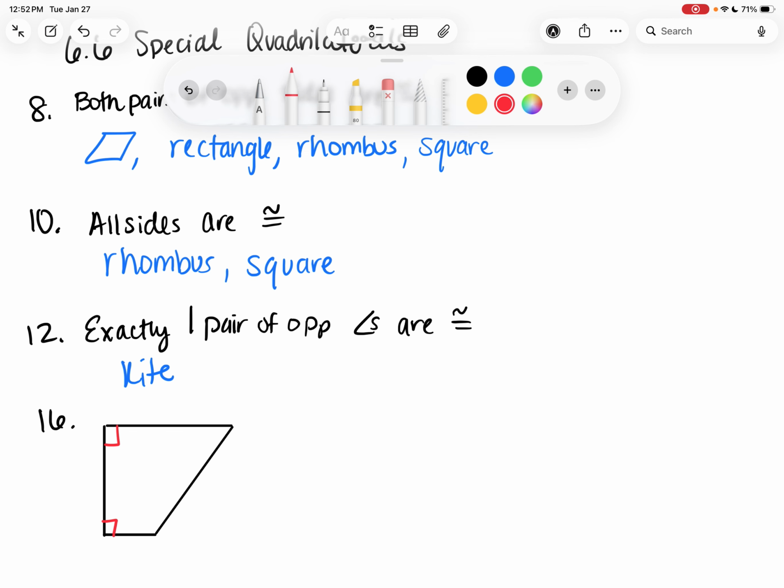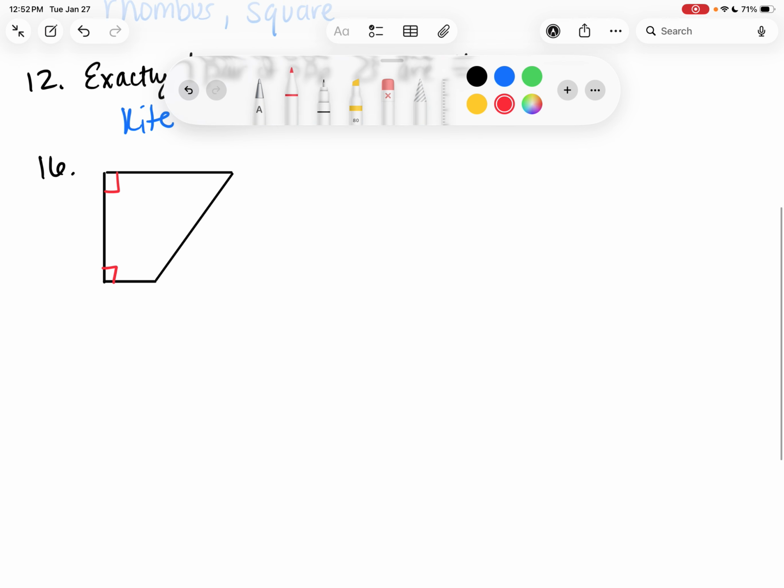Looks like this. So what is the most specific name of this quadrilateral? Trapezoid. It's a trapezoid. Obviously looks a little different than some of the other trapezoids we've seen, but still meets the requirements to be a trapezoid.